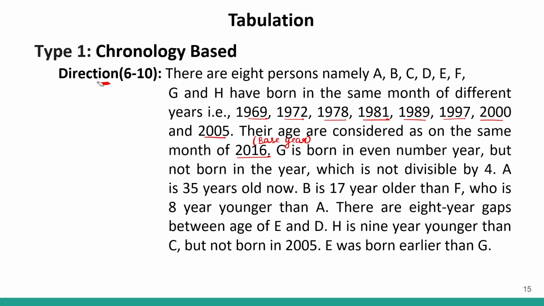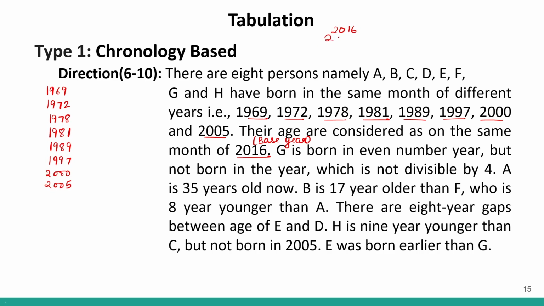So let me write down the years. The years are 1969, 1972, 1978, 1981, 1989, 1997, 2000 and 2005. So we will calculate the age from 2016, correct?